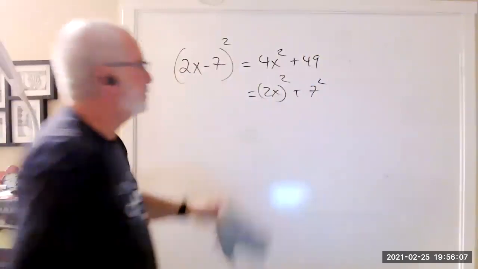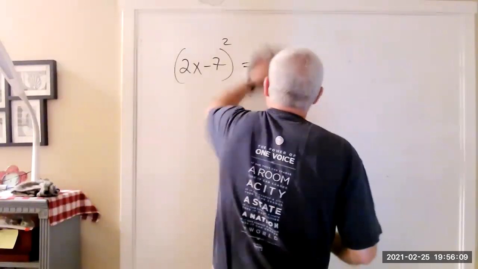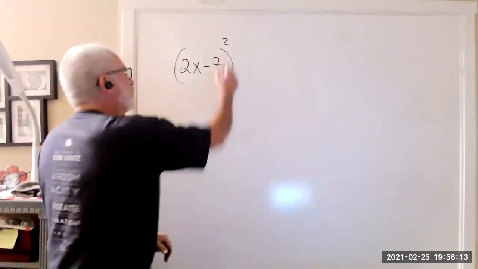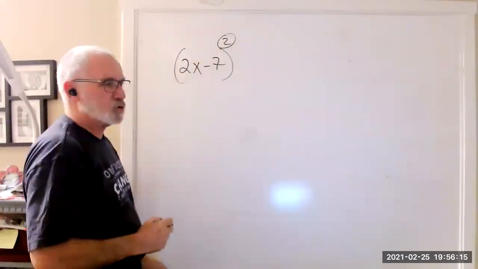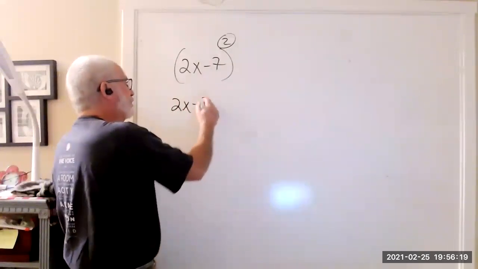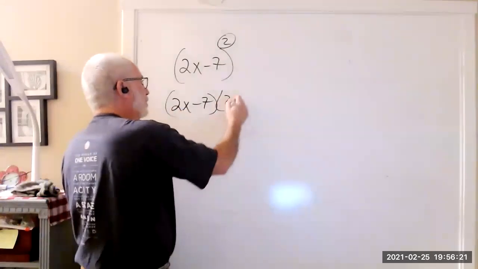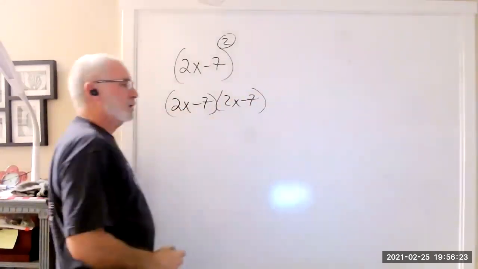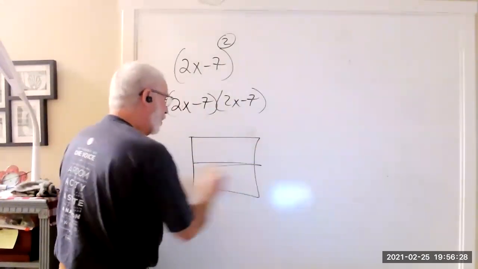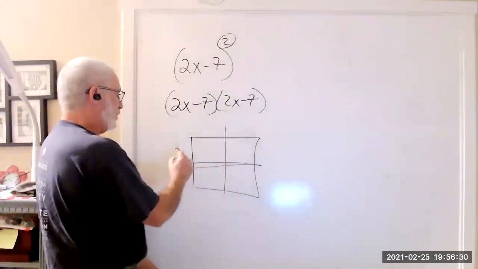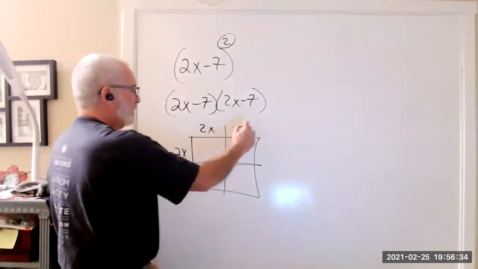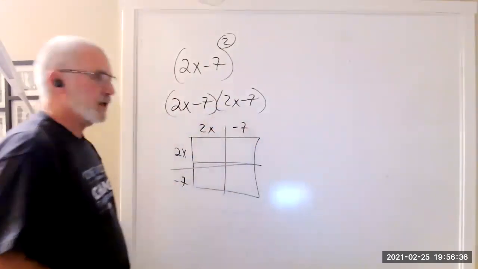So what do you do? Well, you go back to fundamentals. What does the power of 2 actually mean? Well, it means somebody times itself. And now it becomes exactly what we were talking about. You put a 2x and a minus 7 here, and a 2x and a minus 7 here, and you fill out your matrix.